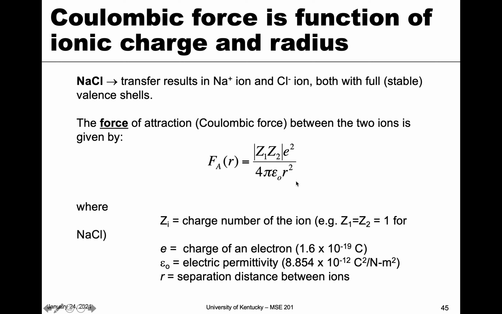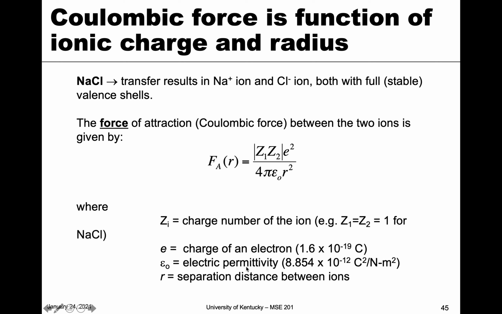So the radius r here is down here, and that's the separation distance between ions. The smaller that separation distance, since it's in the denominator, the larger the force gets, and it's even amplified by the square here. And the other terms, epsilon naught, is the electric permittivity.